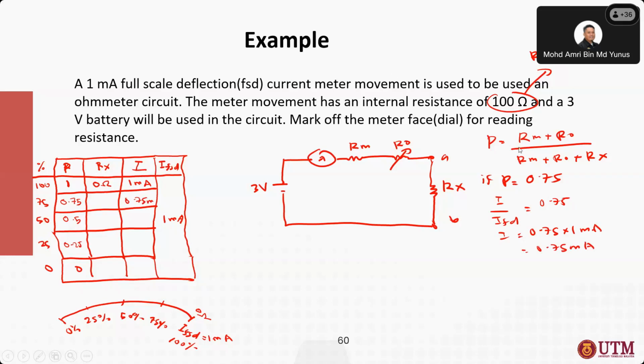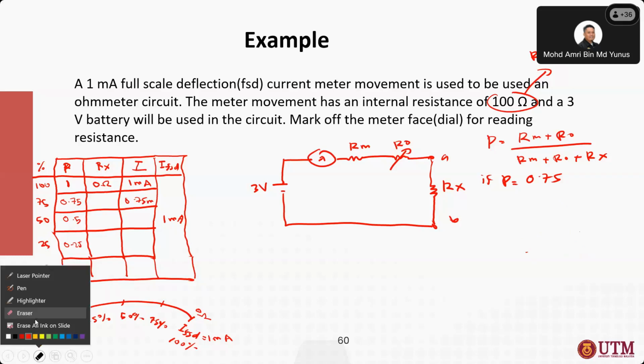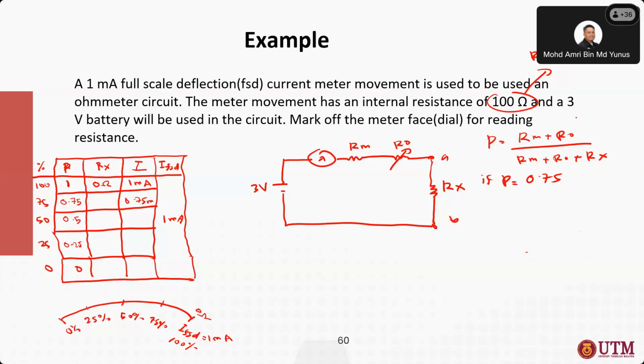So we come back to this equation. 0.75 equivalent to RM plus RO over RM plus RO plus RX, and RM plus RO is fixed at 100 ohm.